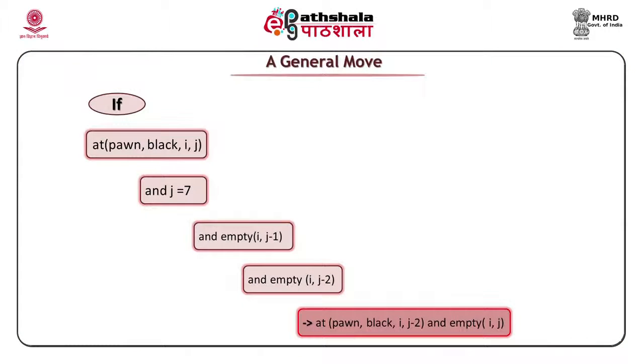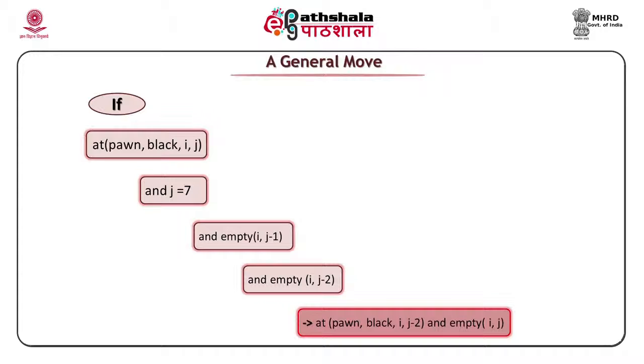Look at that. It says if pawn black i j, that means there is a black pawn at position i and j equal to 7. Now, if you look at that figure, it is the initial position. When j is 7, it indicates that it is the initial position of that black piece. And empty i, j minus 1, in fact that is the next block.